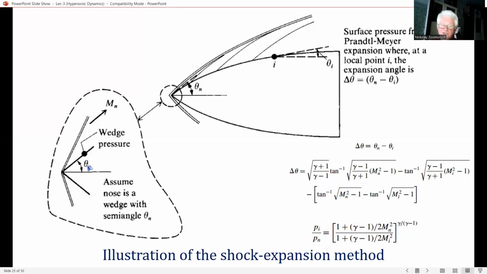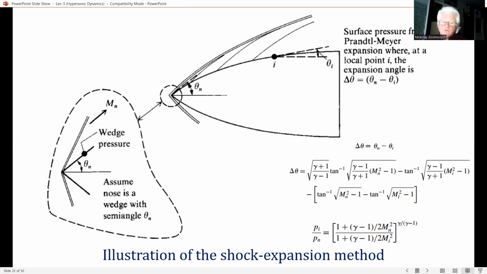The essence of the shock expansion theory is as follows. First of all, as assumed, the nose is a wedge with semi-angle theta m. Calculate the Mach number and pressure, Mn and Pn, behind the oblique shock at the nose by means of exact oblique shock theory. Second, assume a local Prandtl-Meyer expansion along the surface downstream of the nose.